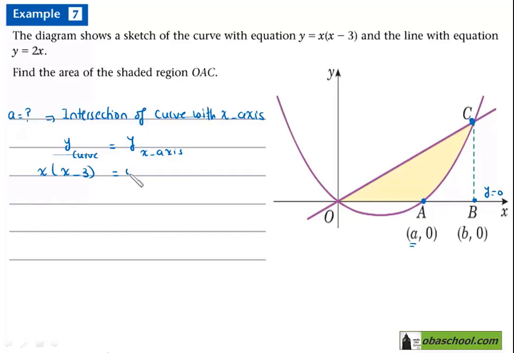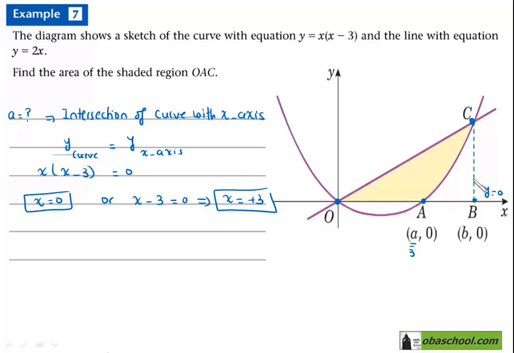So x is equal to 0. This is the first point. It is already found on the sketch, which is the origin. It is the intersection of the curve with the x-axis. Or x minus 3 equals to 0, so x equals to plus 3. So the value of the small a is plus 3.